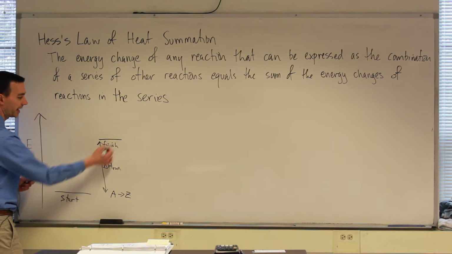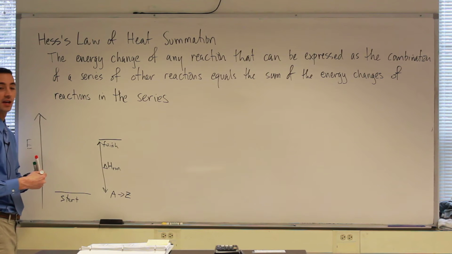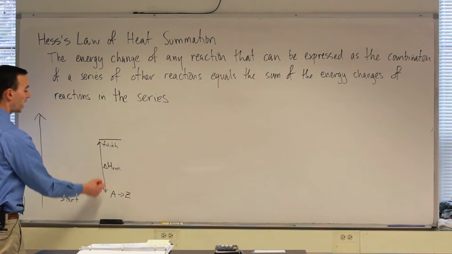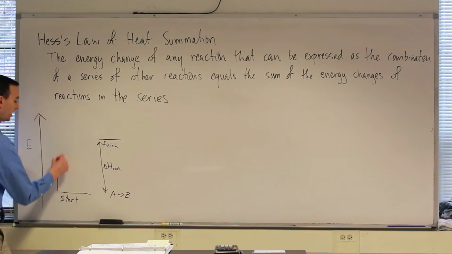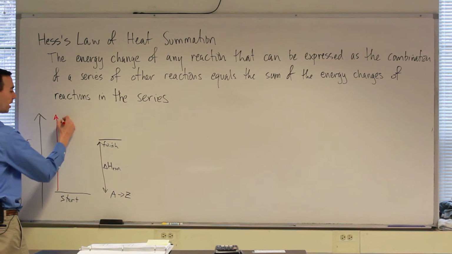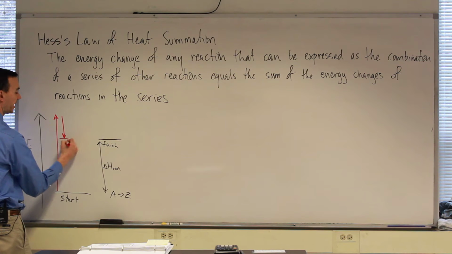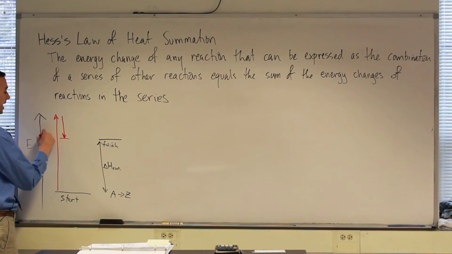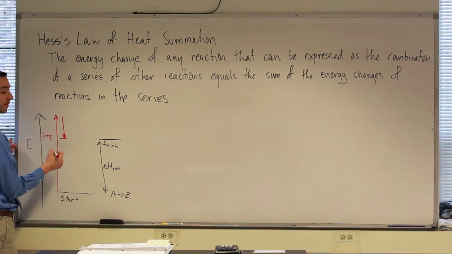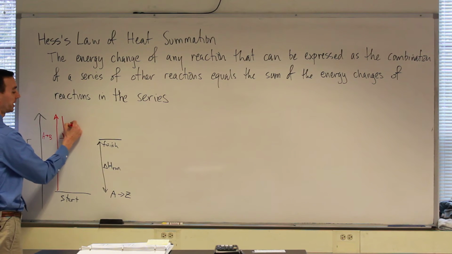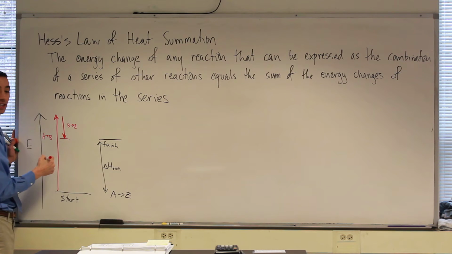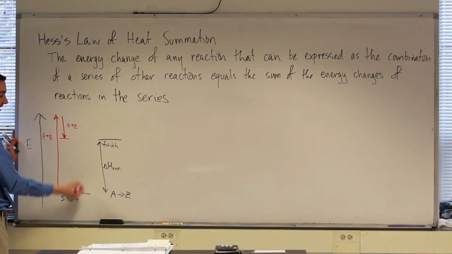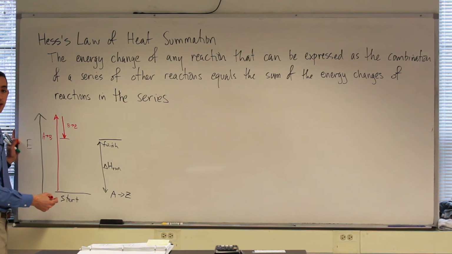We start here with A, we end here with Z. If we can't measure that reaction directly, we can find what delta H is if we can figure out some other combination of reactions that produces that same result. Maybe A turns into B in this first reaction, and then B turns into Z in the second reaction. And so the sum of these two reactions is A turning into Z.